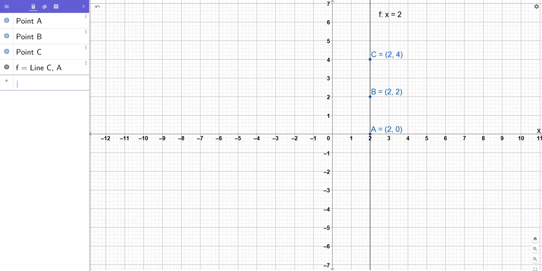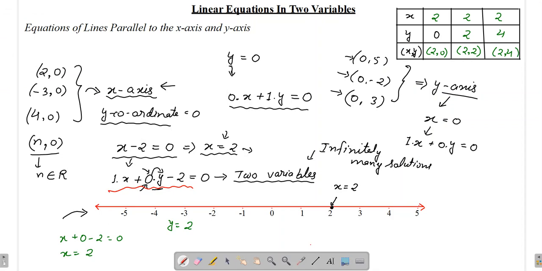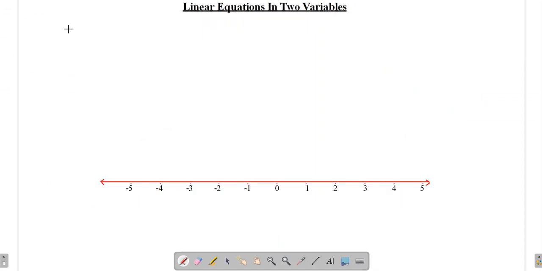Let's take one more example for today's class. Let's take another question. It is given in NCERT example. It says solve the equation 2x plus 1 equals x minus 3. The question says solve this equation and represent the solution in two ways.